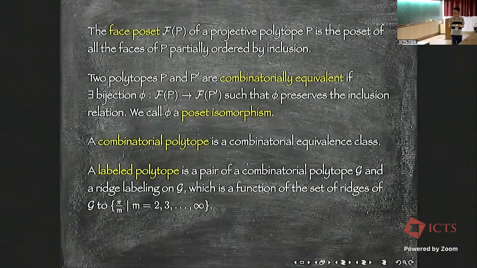So you can think of this labeled polytope as simply the reflection orbifold. It's just a polytope together with the ridge labelings, because I want to fix the dihedral angles and then talk about the space of convex projective structures.